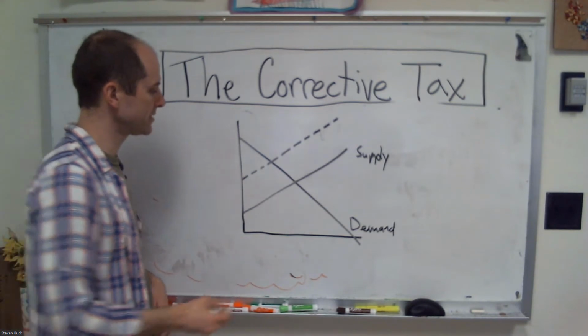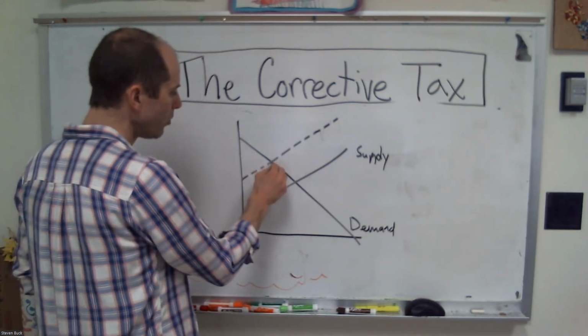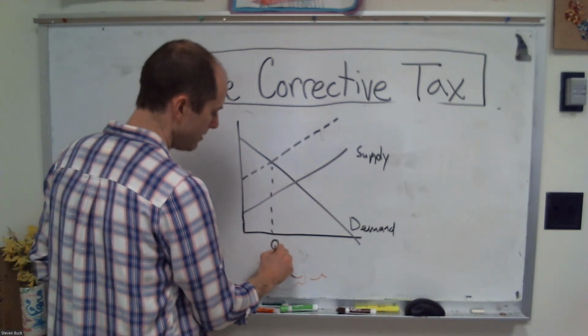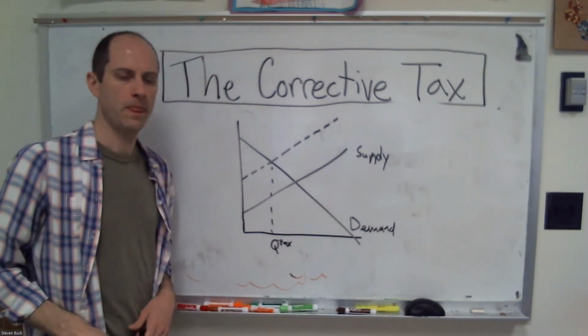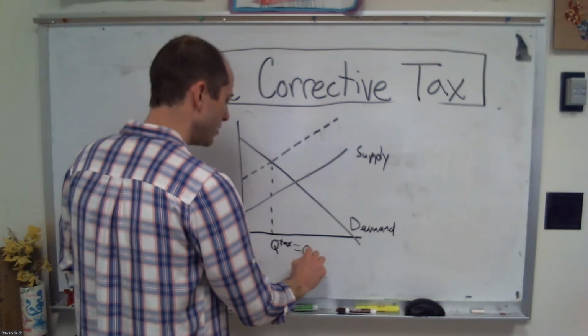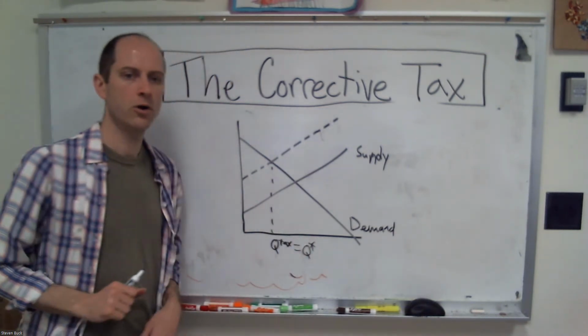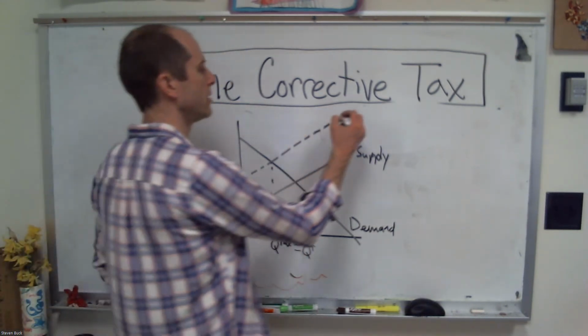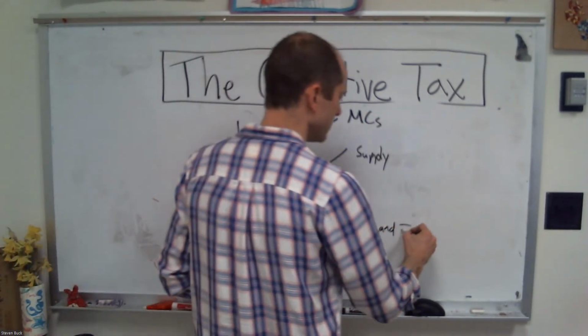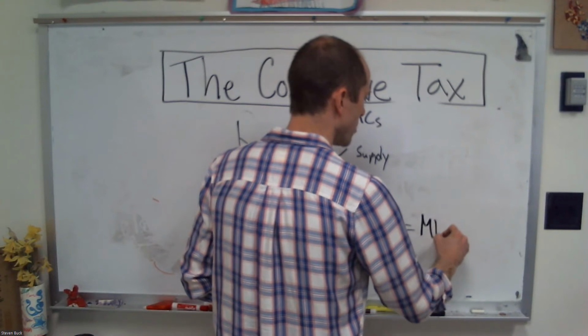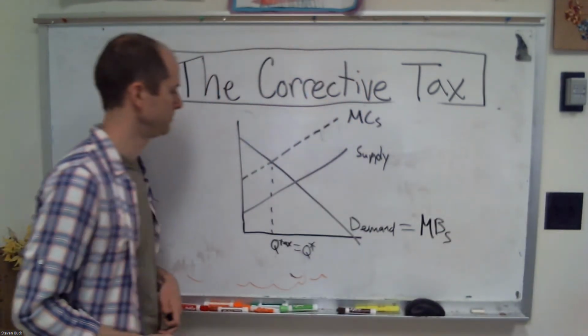The other way we can conceive of this, we want to arrive here, which is equal to the socially optimal quantity, because that's where the social marginal cost curve is going to intersect our social marginal benefit curve.